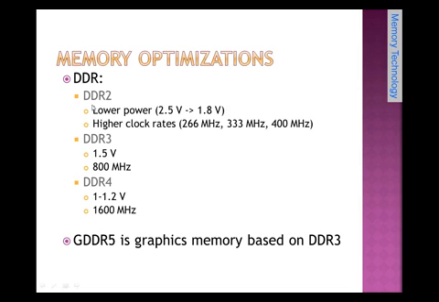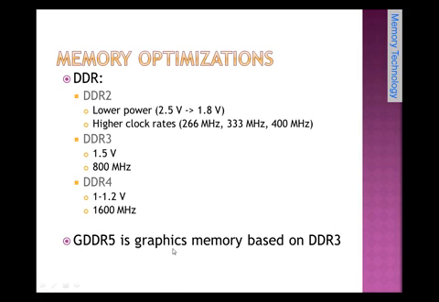These require low power and higher clock rates: 1.5 volts at 800 megahertz, and 1 to 1.2 volts at 1600 megahertz. So this contains 3 parts: DDR2, DDR3 and DDR4.